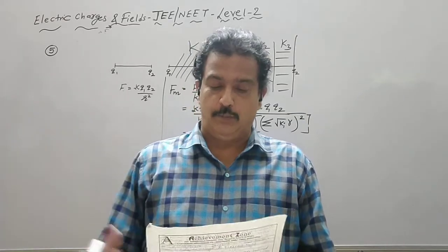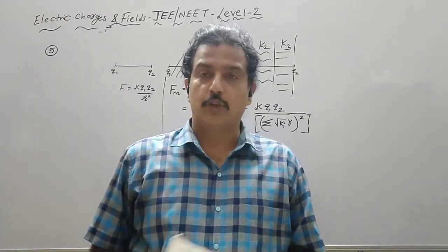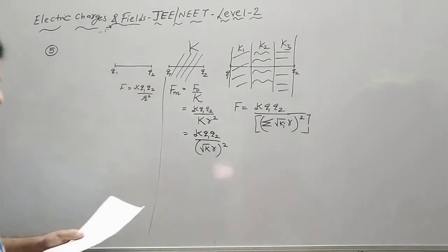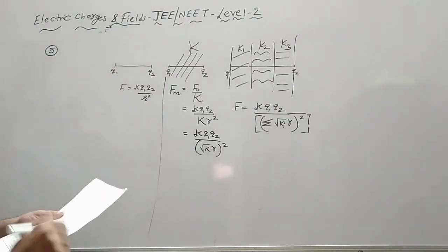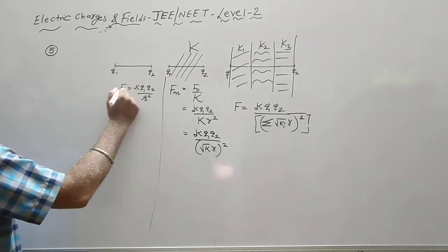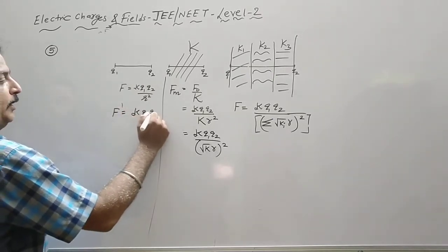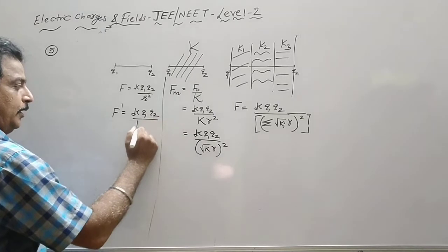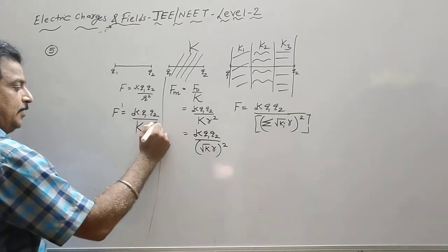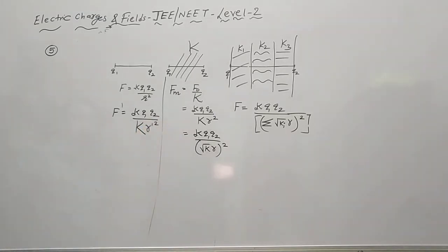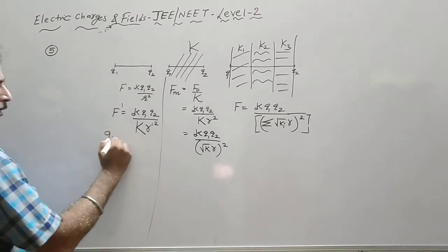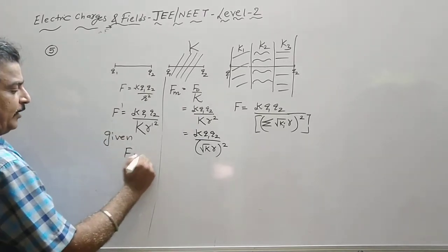Now in the medium also the force is the same, but the distance is different and the medium is changed. So I will write F dash is equal to K Q1 Q2 upon capital K and distance is R dash square. It is given that F is equal to F dash.